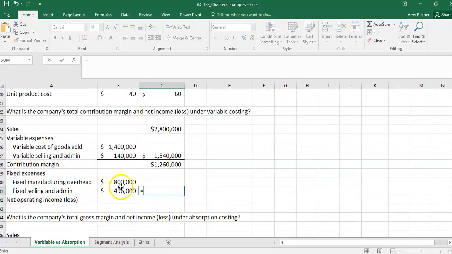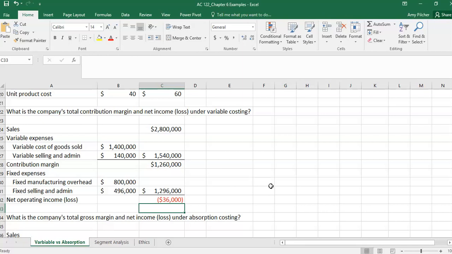Our total fixed costs, we add those together, is 1,296,000, giving us a net operating loss of 36,000. So that is our net income loss under variable costing.